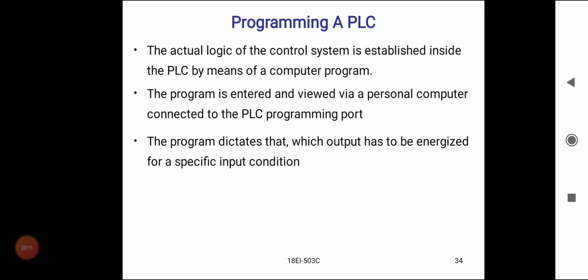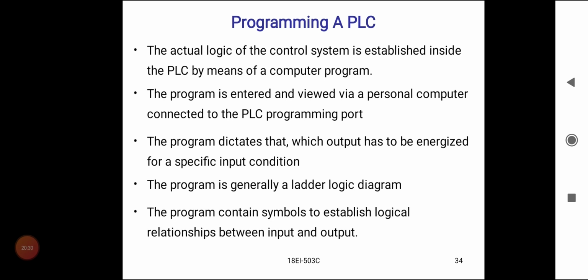The program dictates which output has to be energized for a specific input condition. The program is generally a ladder logic diagram. The program contains symbols to establish a logical relationship between the input and output.